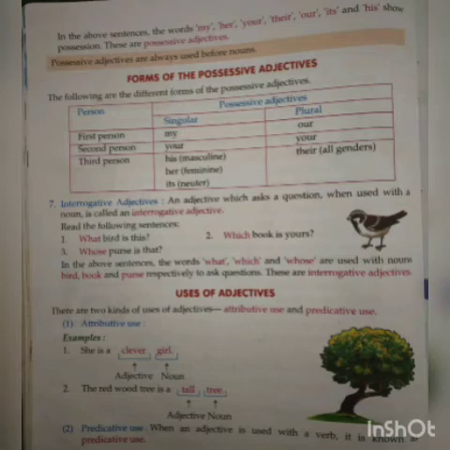In the book, it is given, she is a clever girl. Clever is an adjective and girl is the noun here in this sentence. And the adjective is placed before the noun, isn't it? So here, this clever is considered as an attributive adjective. Now, predicative: when an adjective is used with a verb, it is known as predicative. It must be used after the verb.